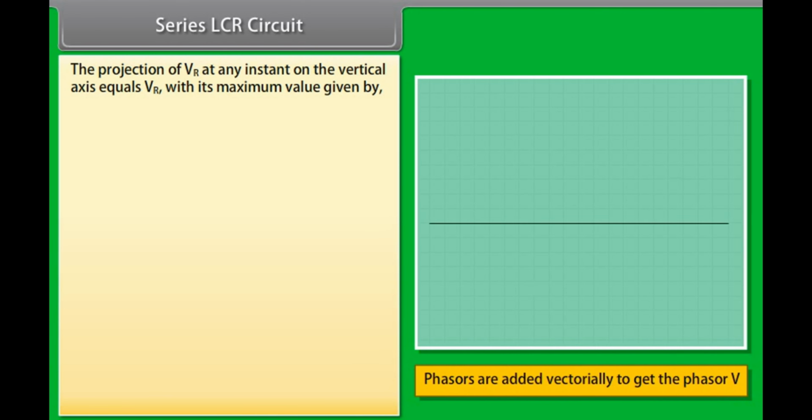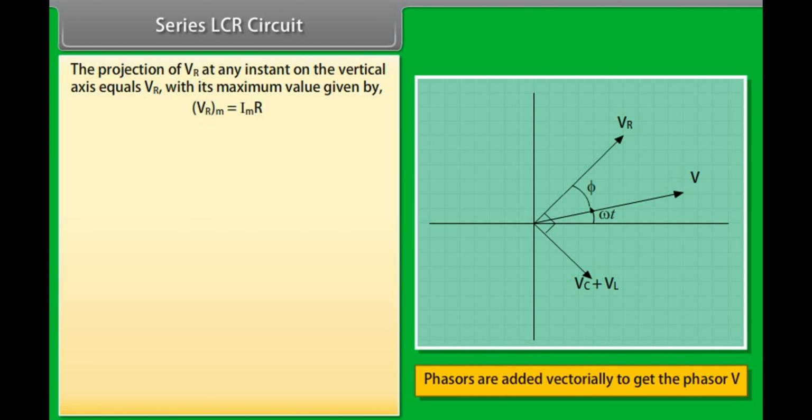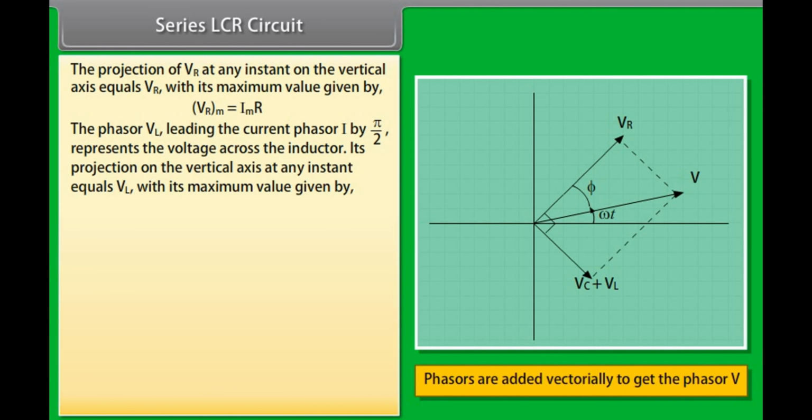The projection of VR at any instant on the vertical axis equals VR with its maximum value given by the product of Im and R. The phasor VL leading the current phasor I by π/2 represents the voltage across the inductor.